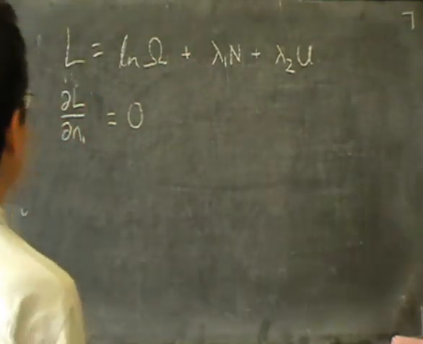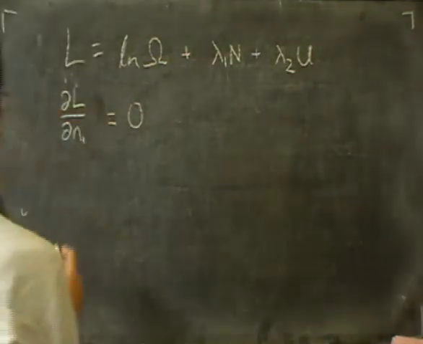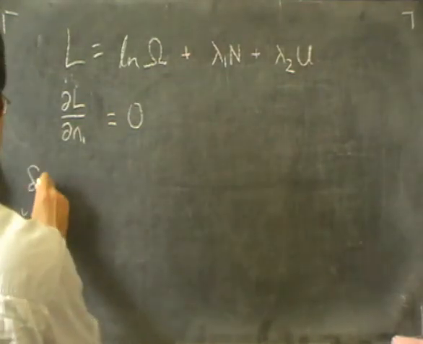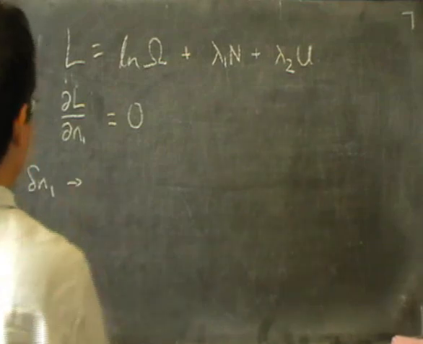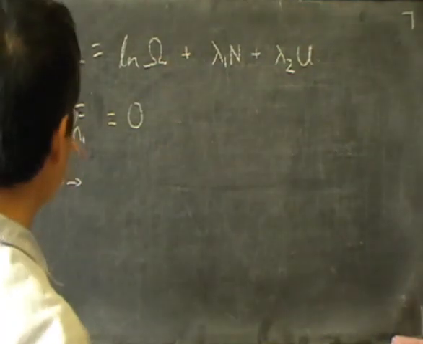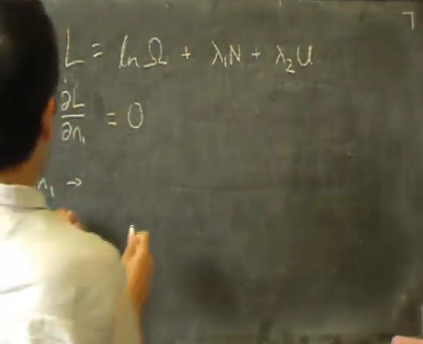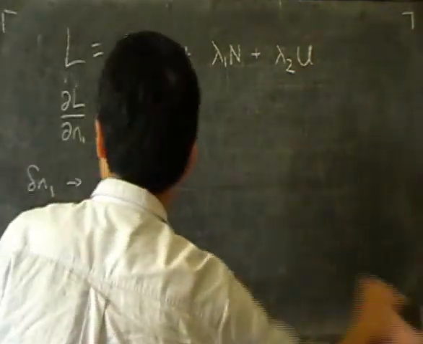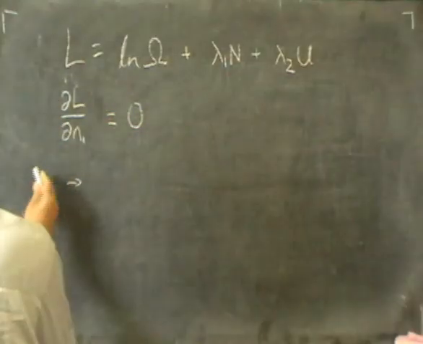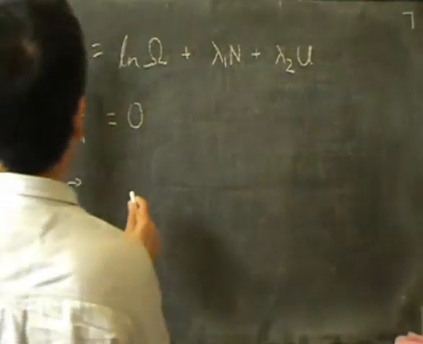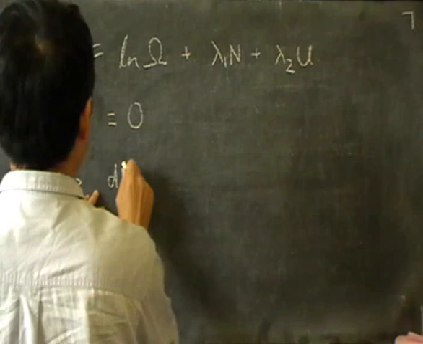So what I'm going to do now is consider a small change in n1. And this small change in n1 would give a corresponding change in L. I'm just going to make it easier by using d. So imagine a small change in n1 that gives a corresponding change in L.